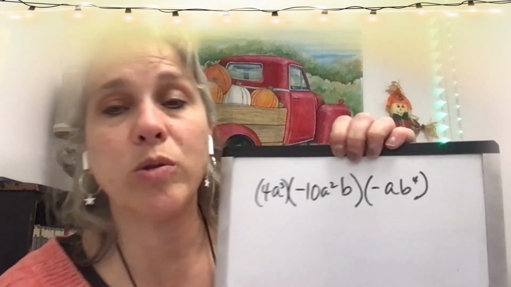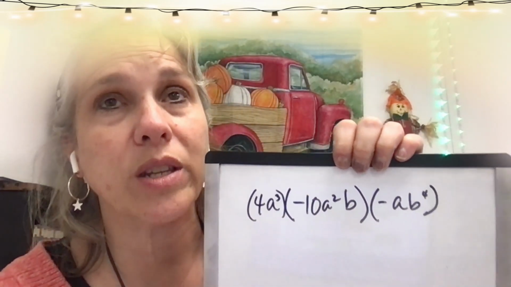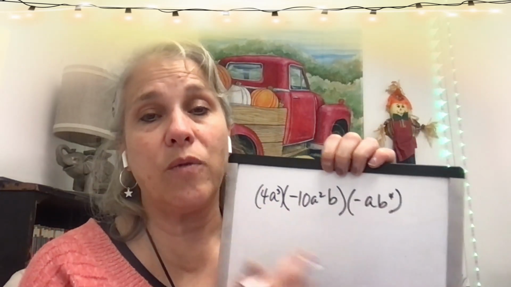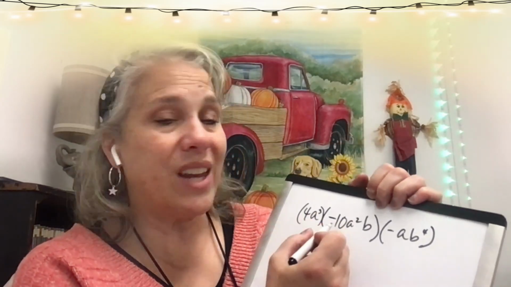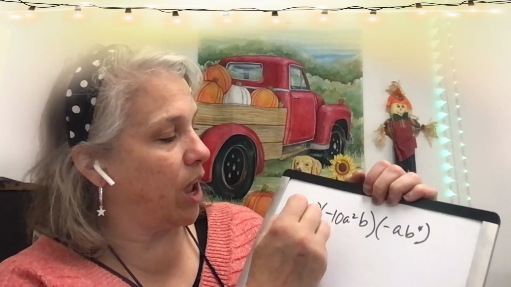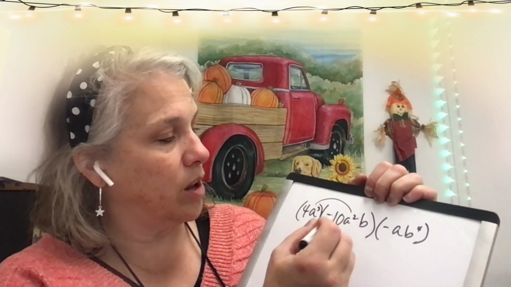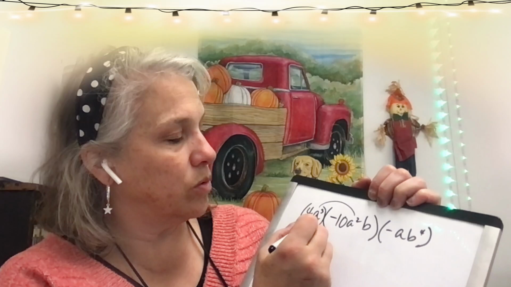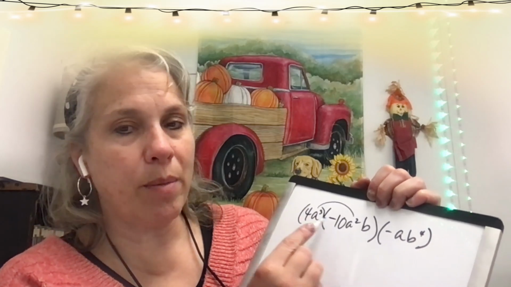And now I'm supposed to multiply. Notice there are no pluses or minuses there for subtraction. I do have a negative sign, but that's different. So here I'm going to say, okay, I have a cubed, a squared. I can combine those. But first I'm going to multiply my whole numbers.